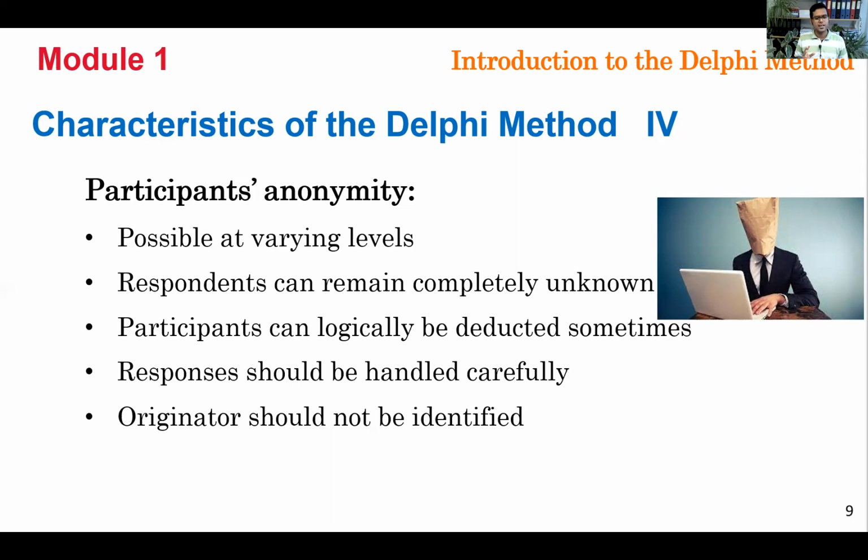Participants could logically deduce who their fellow respondents are. In such a situation, participants cannot remain fully anonymous to each other, although responses should be handled so that their originators cannot be identified, and thus retaining the anonymity characteristics of the Delphi method.